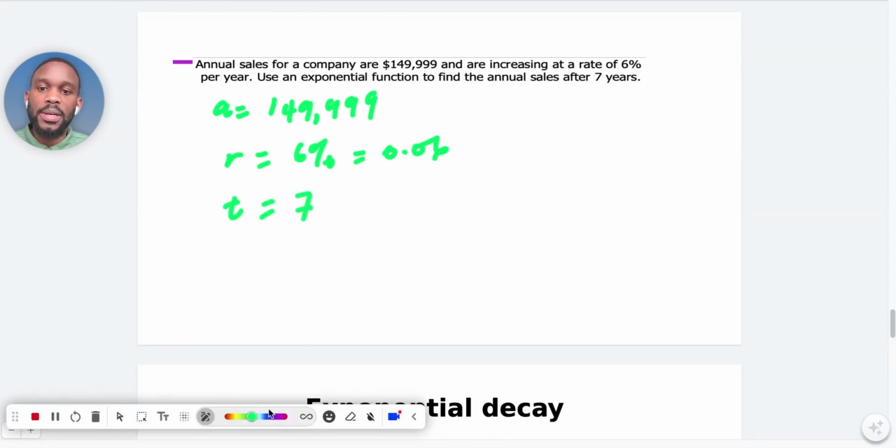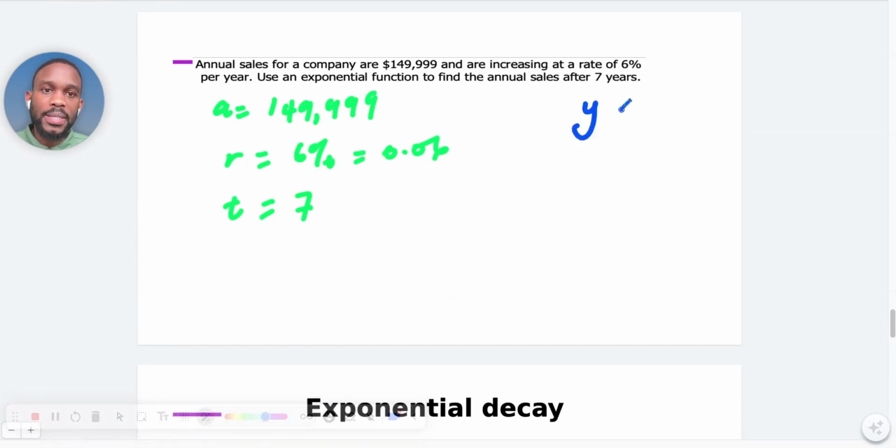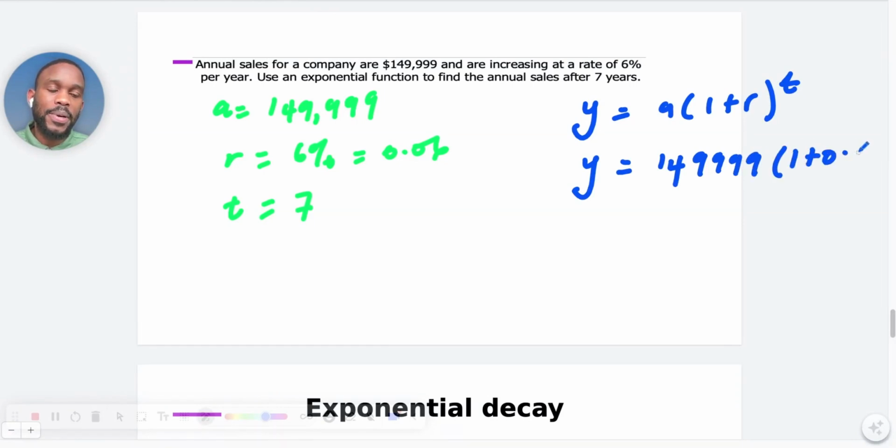All right. So we're going to use y is equal to a(1 + r)^t. So the annual salary after 7 years, y, is going to be our starting salary, which is 149,999(1 + 0.06)^7.